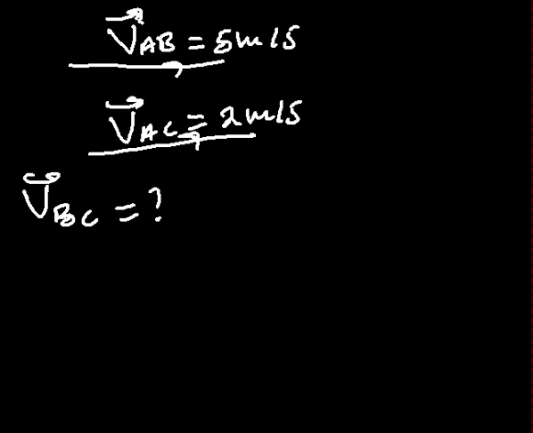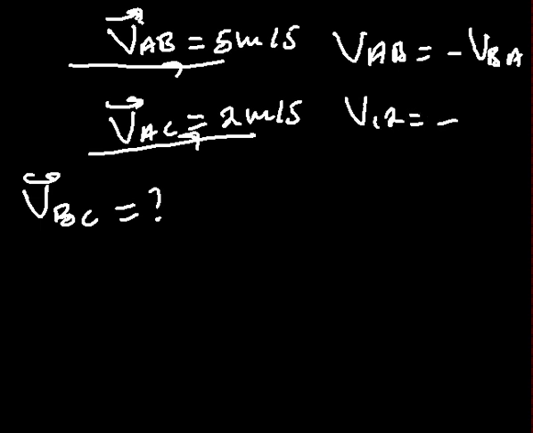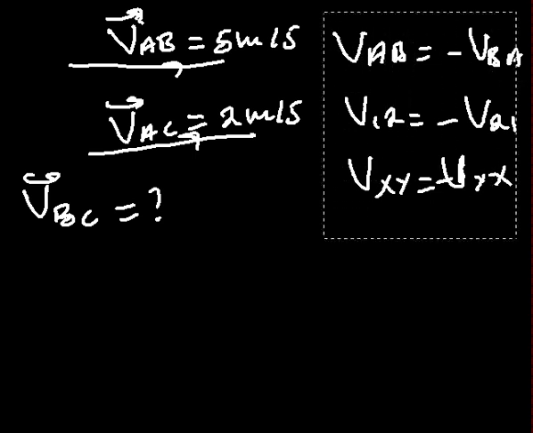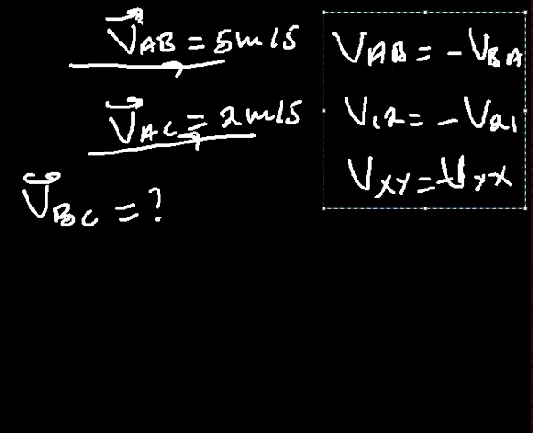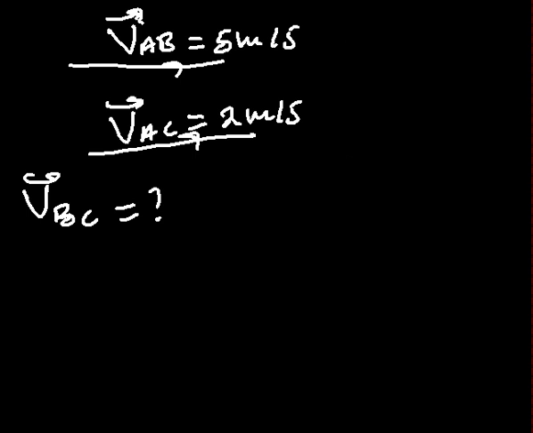VAB is the same as negative VBA, or else V12 is the same as negative V21. Let's say VXY is the same as negative VYX. That's a very important property you should understand about relative velocity.